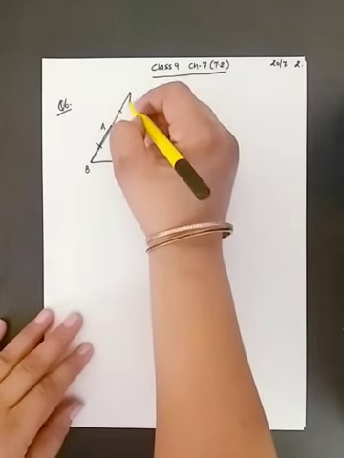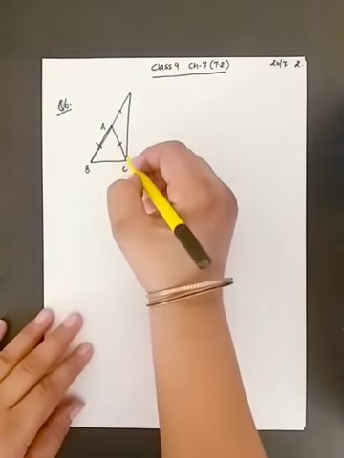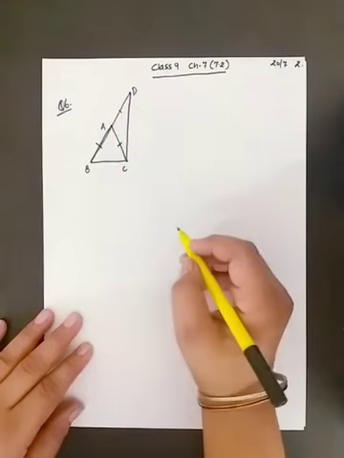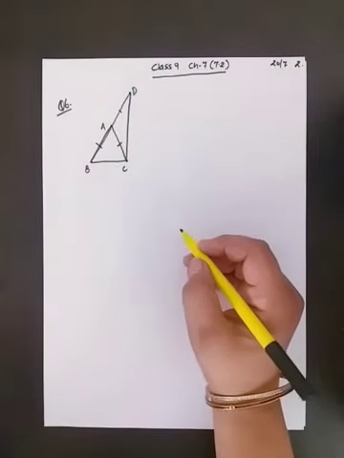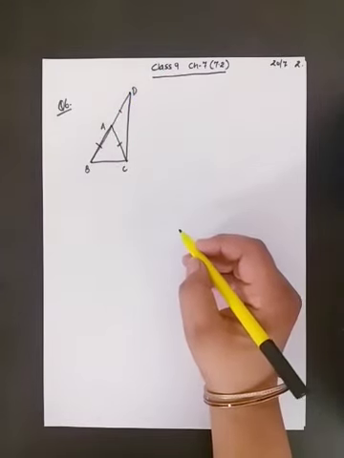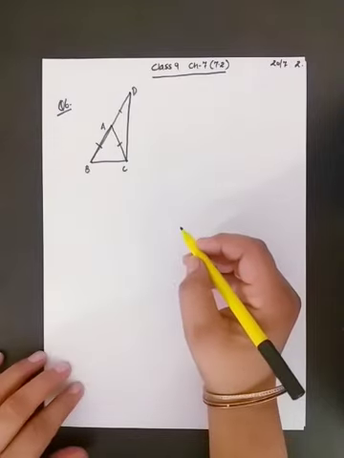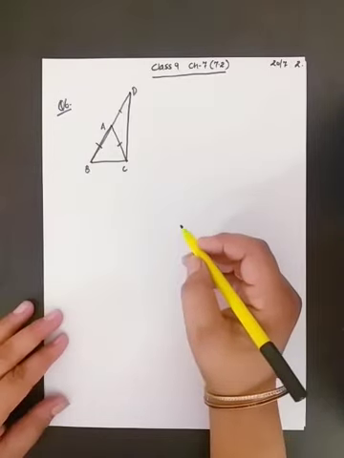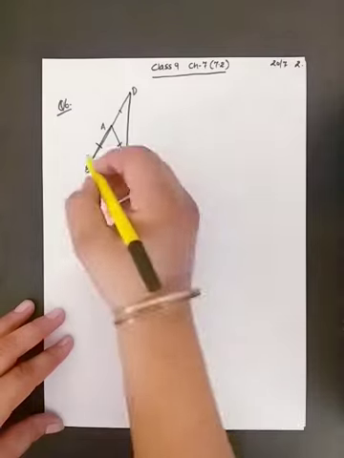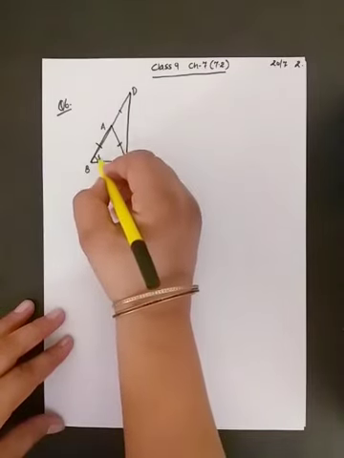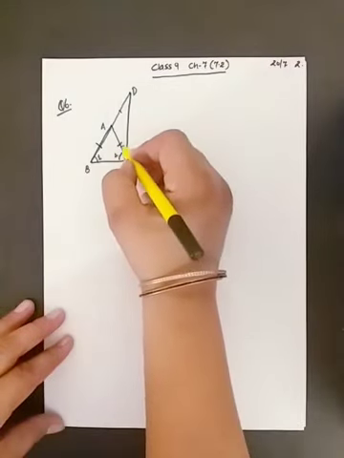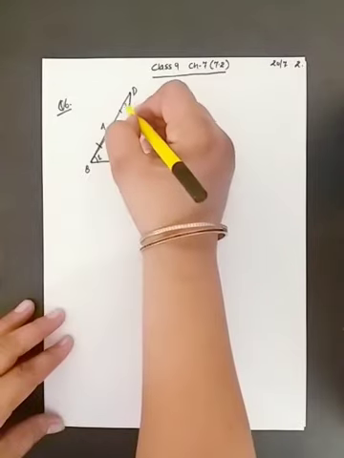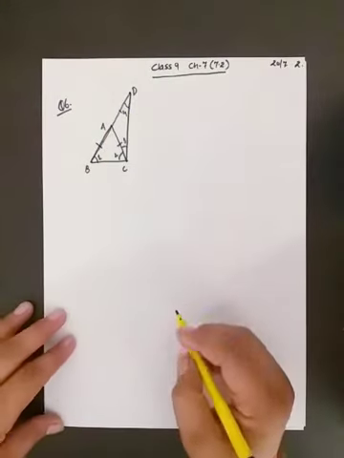And you have to prove that triangle ACD is a right angle triangle, or you have to show angle BCD is of 90 degree. So what we have to do for this? We can mark the angles as this is angle 1, this one angle 2, and this is angle 3, and this one is angle 4.